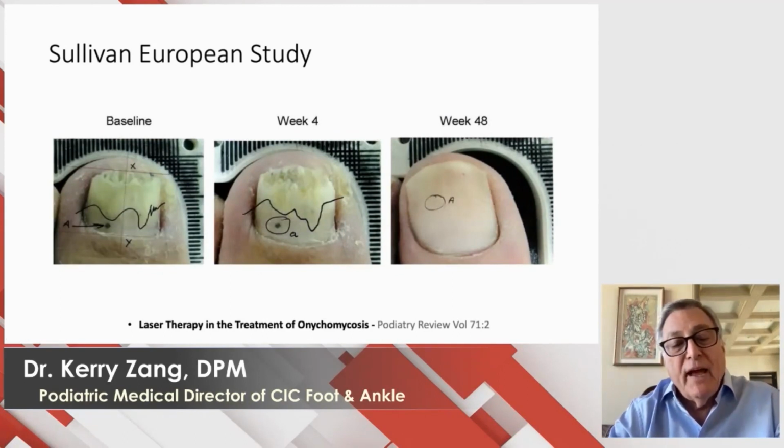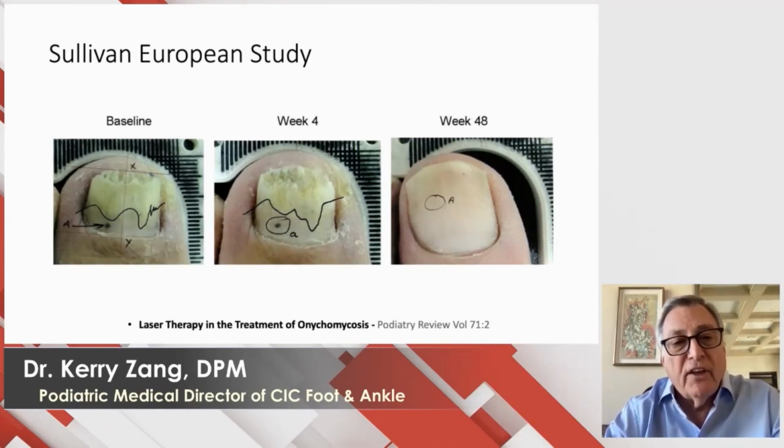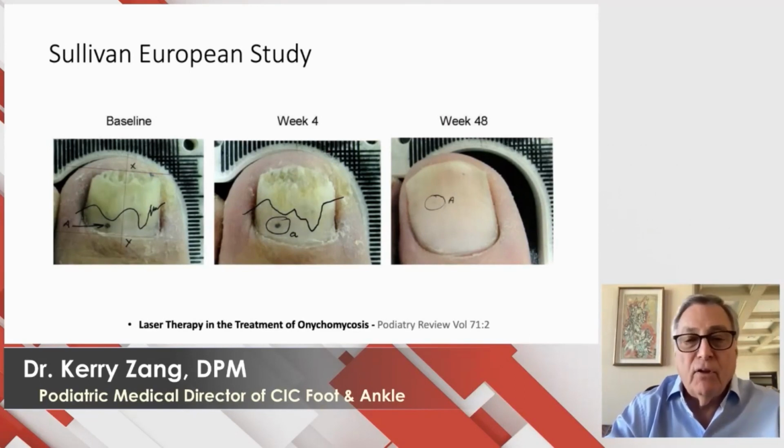When you use a laser to treat it, you inactivate the actual disease process. However, the nail becomes a little bit thinner. It looks like it's still mycotic, but the activity level is stopped, and it's more evident with each laser treatment.